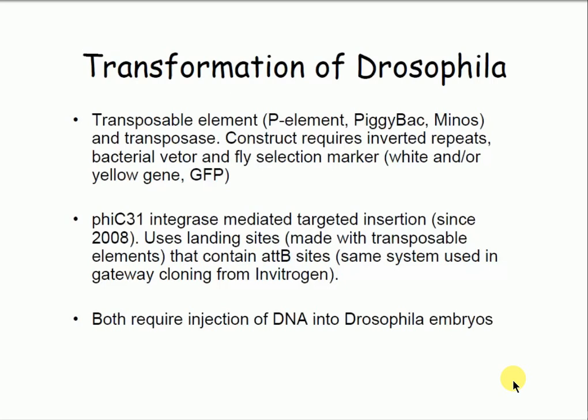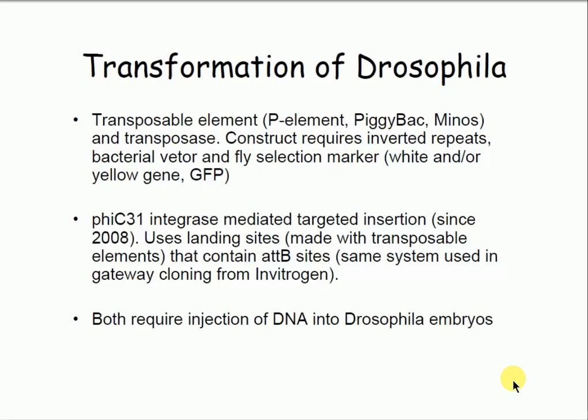So it still requires injecting DNA into Drosophila embryos. But similar systems are also now used for cell culture. So you can buy cell culture cells which have such recognition sites in the genome, and then you can integrate genes very efficiently. Obviously this way you don't have to clone your cells, so it makes it much faster.